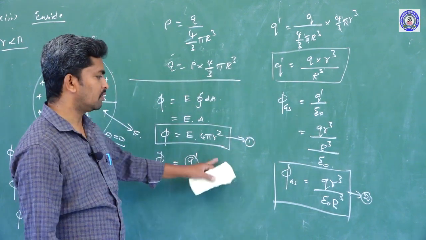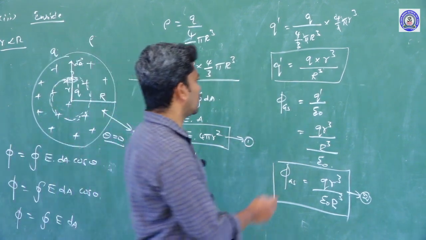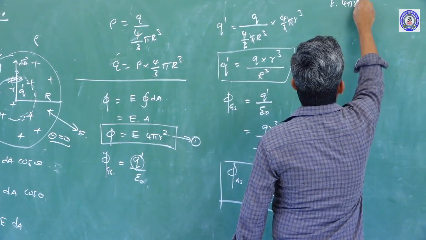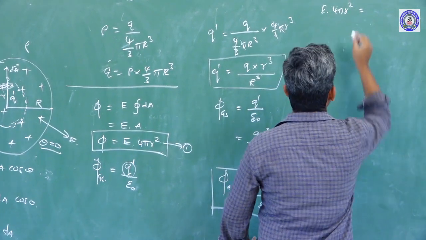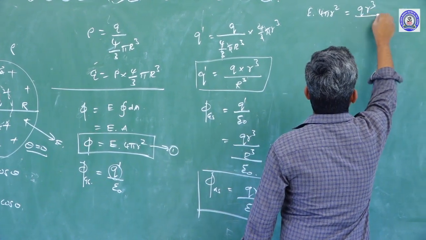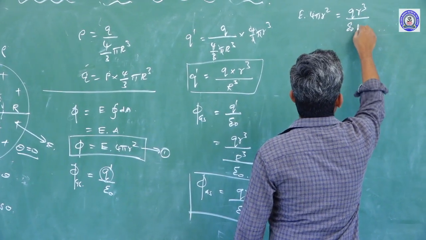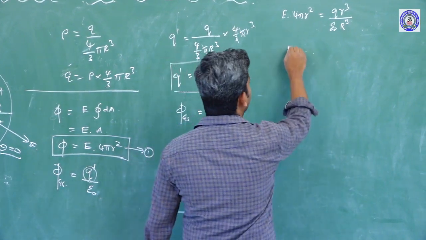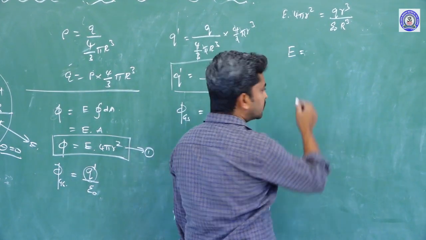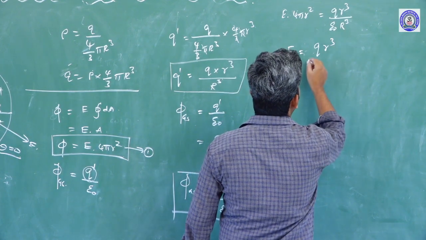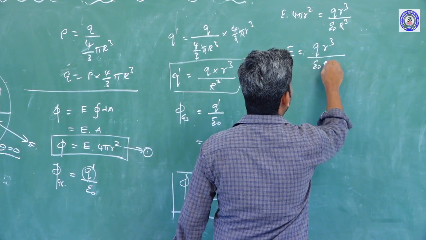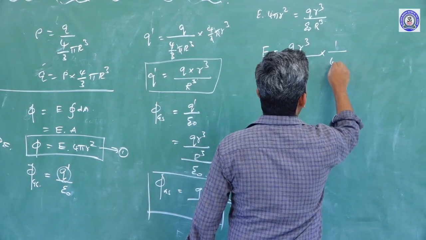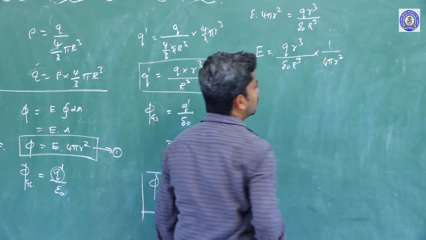Compare equations 1 and 2. E into 4 pi r square is equal to Q r cube divided by epsilon naught times R cube. So the electric field E is equal to Q r cube divided by epsilon naught R cube into 1 divided by 4 pi r square.